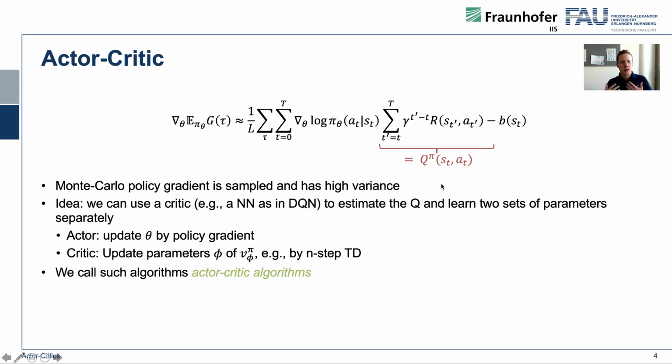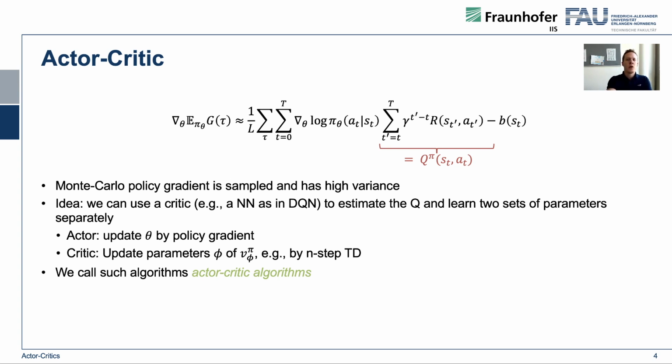Such algorithms are called actor-critic algorithms. An early side note at this point: we also did that when we did Monte Carlo policy evaluation, where we introduced temporal difference learning to trade bias for variance. So we took out the variance, and we instead updated what we have been doing towards a bootstrapped target.